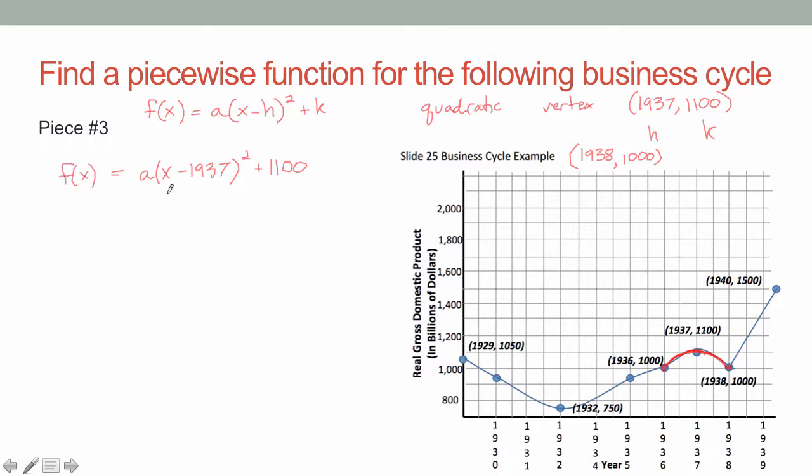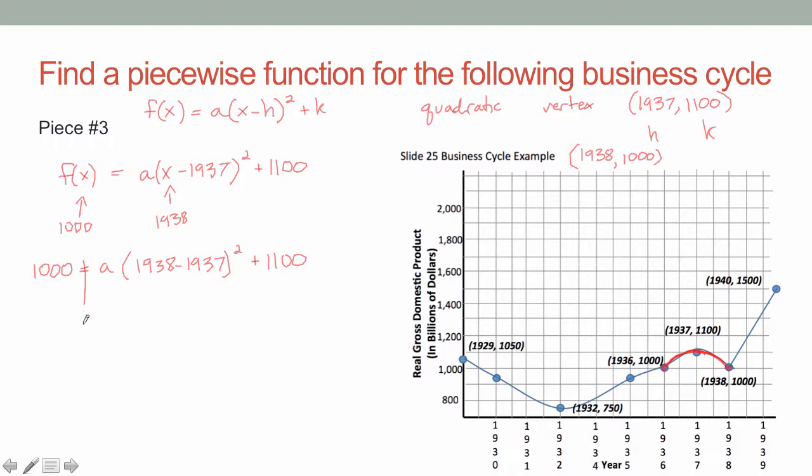For my second point, in my x value, I'm going to put 1938. And from my function value at 1938, my function has to be 1,000. And so now we've got this equation that we can solve. 1,000 equals a times 1938 minus 1937 squared plus 1,100.